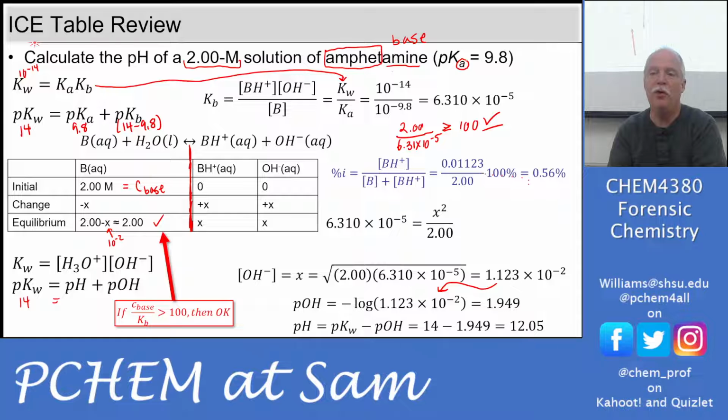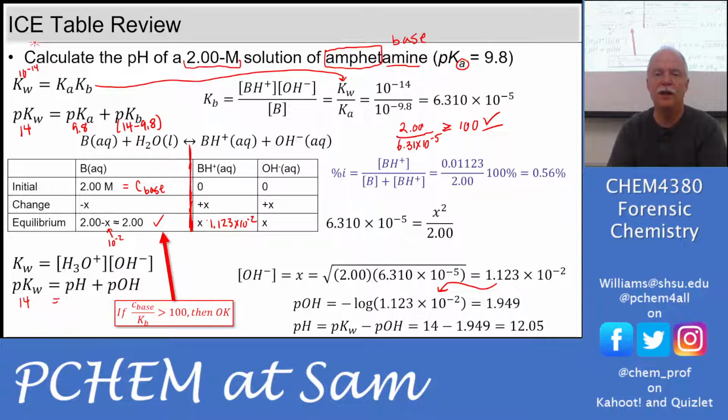This is only 0.56% ionized. That's not 56, that's 0.56%. See, the concentration of BH plus right here is 1.123 times 10 to the minus 2. So it's a really small amount of BH plus. So, it's not very ionized. It's less than 1% ionized.